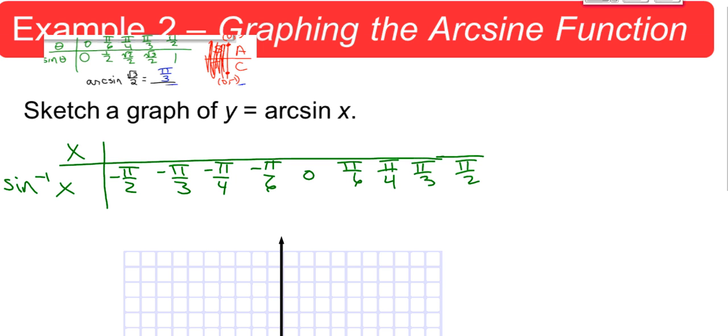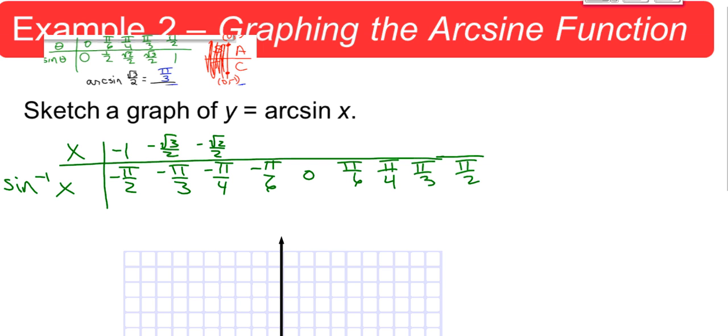Right now I'm just going to write the exact value, and then we'll figure out the close decimal. At negative pi over 2, the sine is -1. These are essentially just the negative values. At negative pi over 3, it's negative square root of 3 over 2. At negative pi over 4, it's negative square root of 2 over 2.